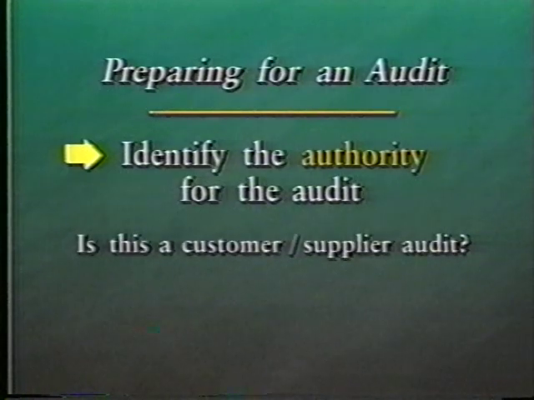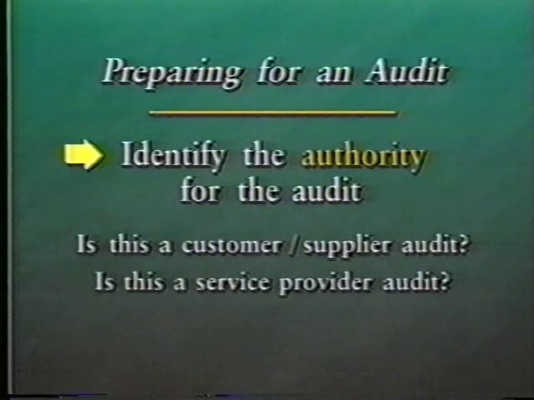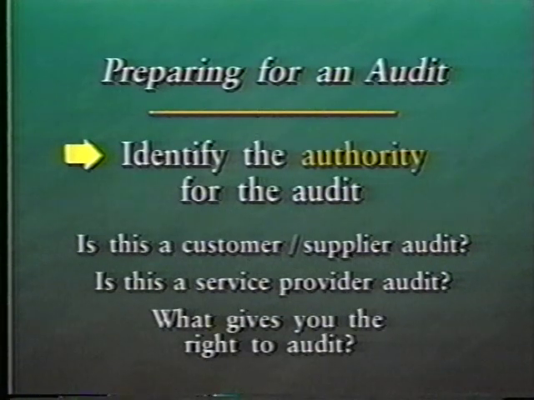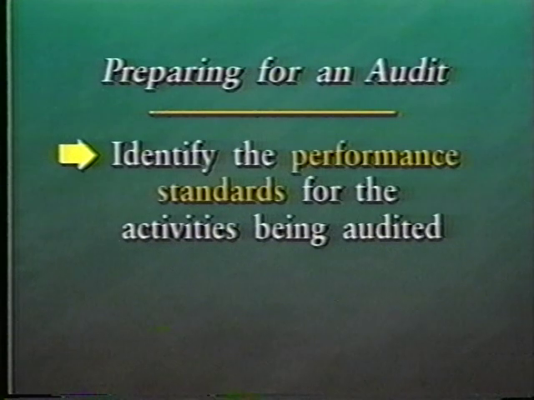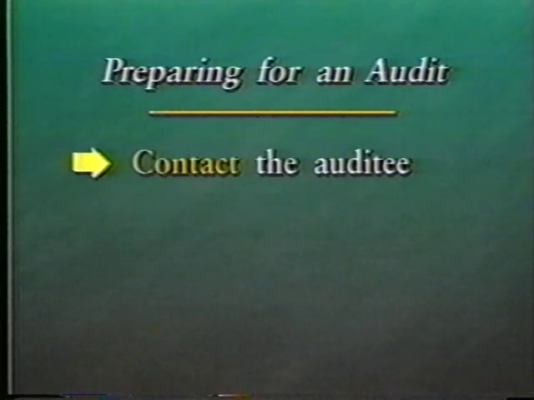Is this a customer-supplier audit or an audit of a service provider? In other words, what gives you the right to audit? Identify and be familiar with the performance standards against which the activities can be measured: the FDA, AABB, CLIA, DOT, and so on.